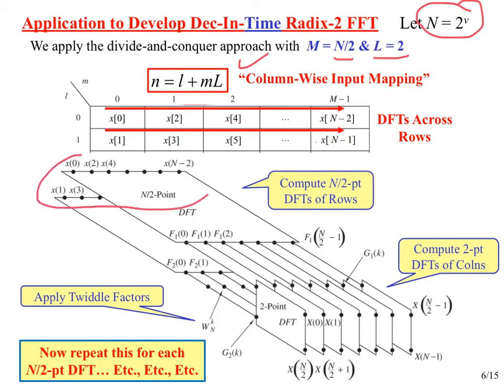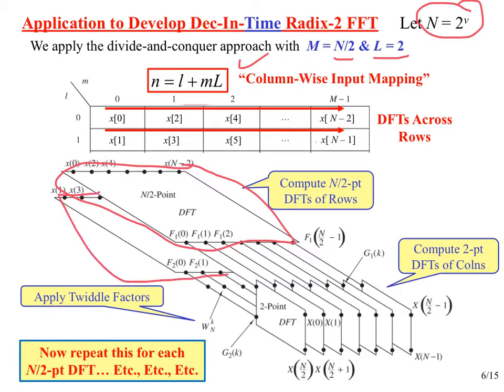here's our input array, indexed column-wise. And so then we're applying our n over 2 point DFT across each row. So here's one of our n over 2 point DFTs, and then right below it is a second one. And then we apply the twiddle factors.